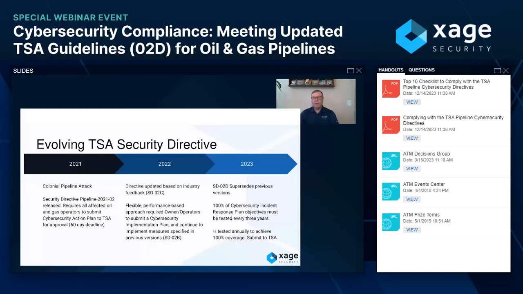And now you're starting to see 2023 where you have to have an incident response plan. You have to test your objectives every 3 years. So that means you have to test 2 out of 5 annually, and you have to submit those to the TSA. You have to turn in your homework. Again, this is different, but we can see that maturity happening.